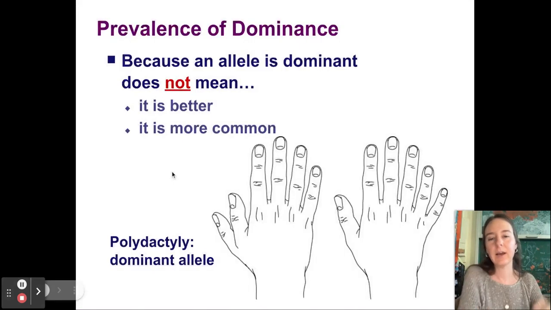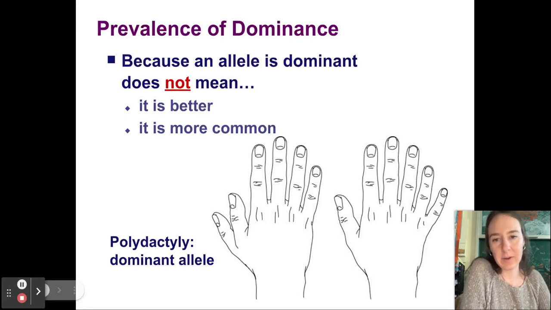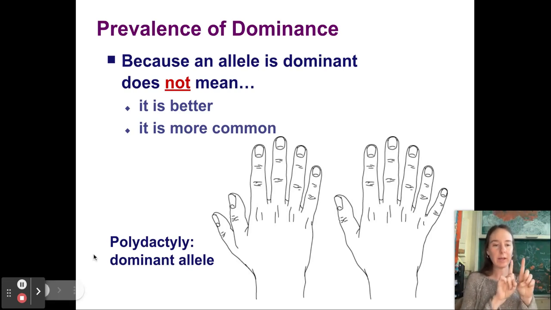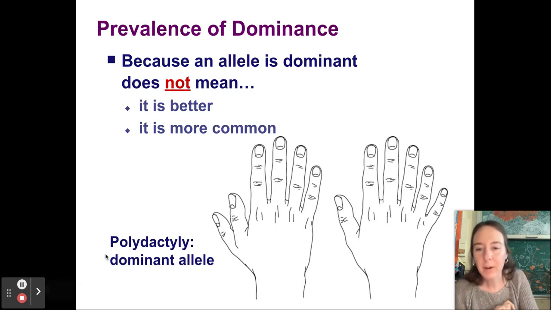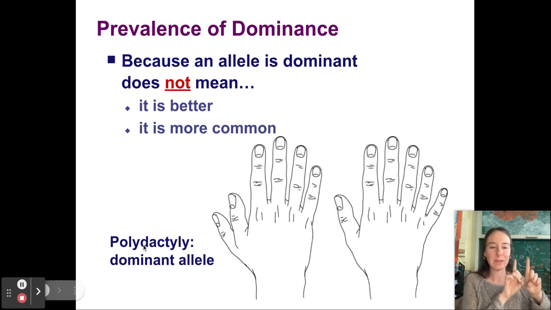All right. Now, just because you have a dominant allele doesn't mean that it's better or more common. So, for example, you have two genes for this polydactyl gene. If you have two recessive alleles, one from mom, one from dad, and they're both recessive, then you will have 5 fingers on each hand.